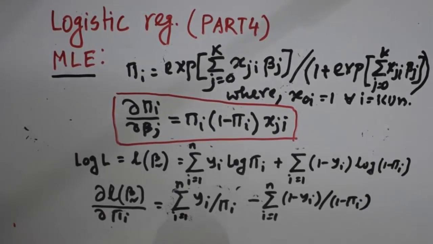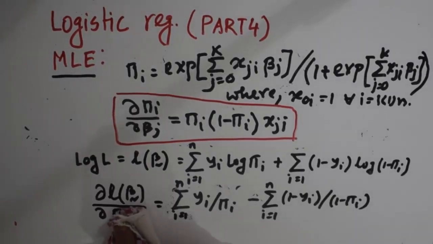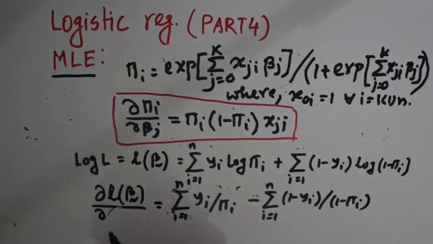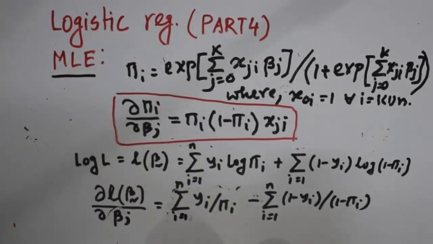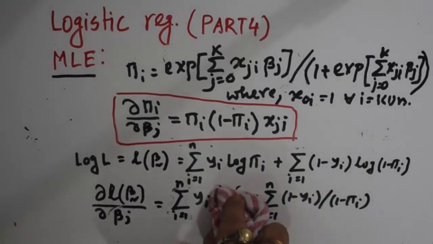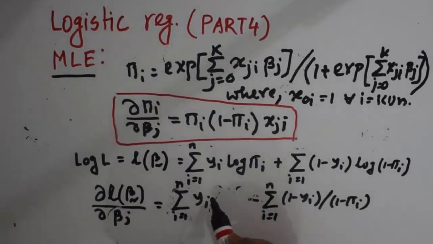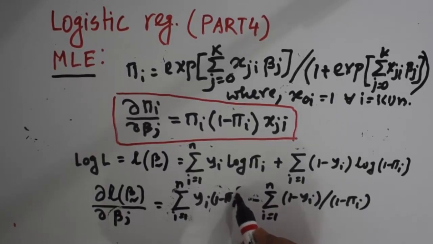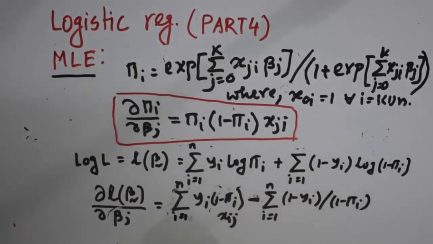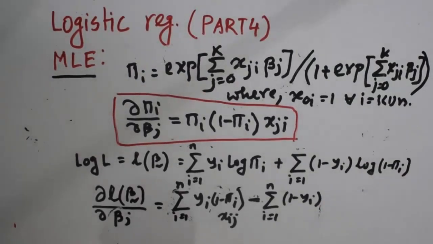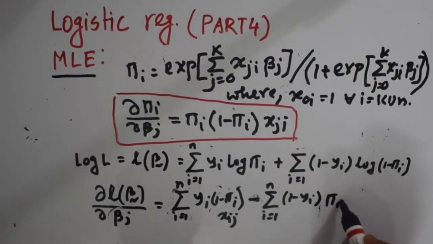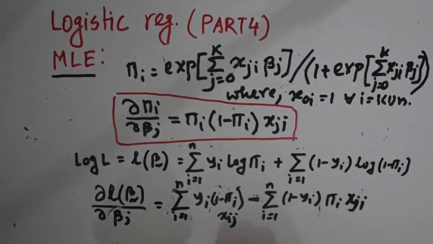So the partial derivative of L with respect to beta j is equal to yi into 1 minus pi i times xji, minus 1 minus yi times pi i into xji. This is xji.